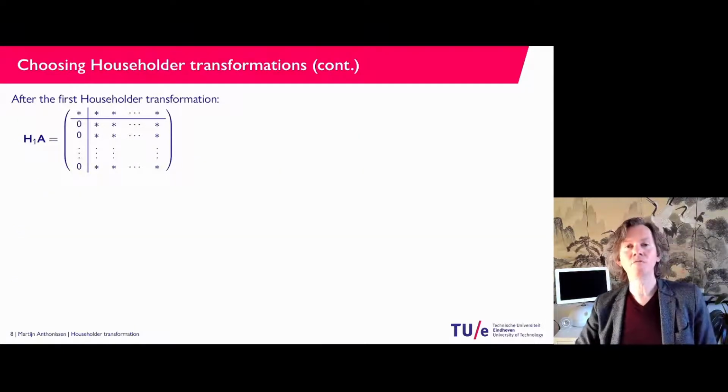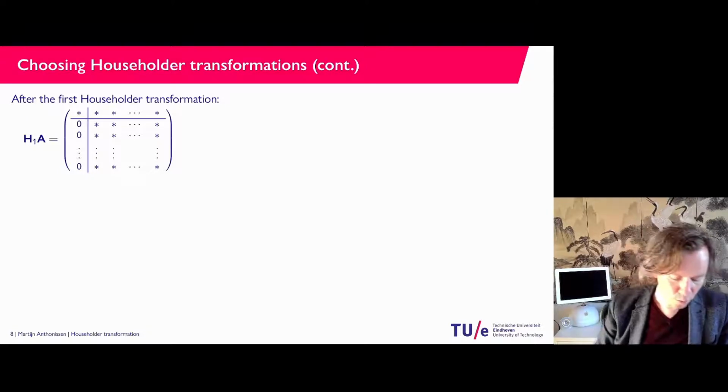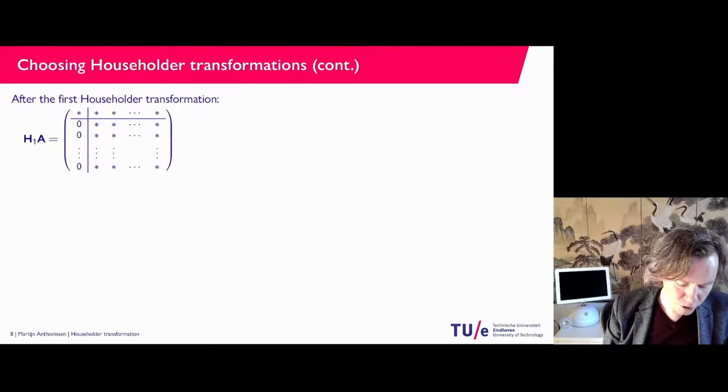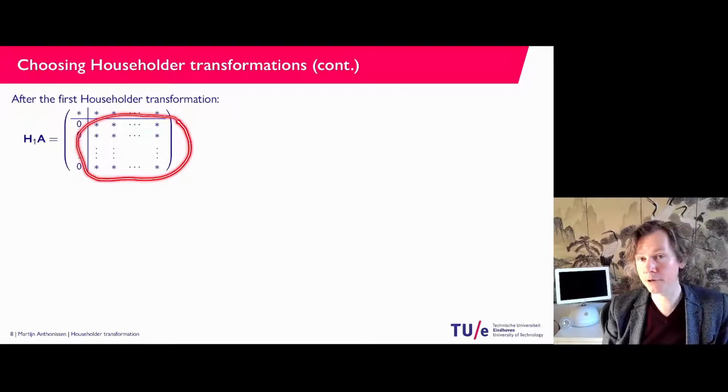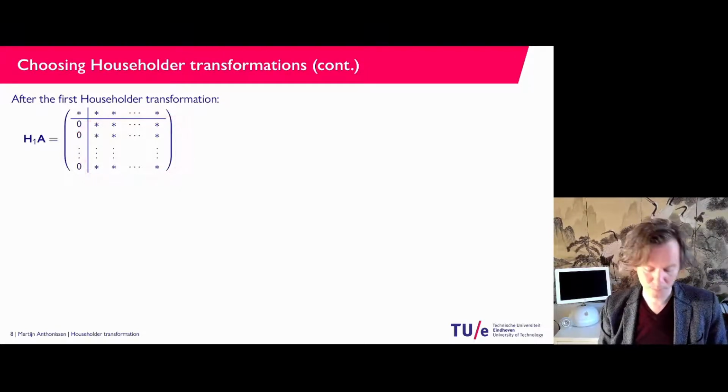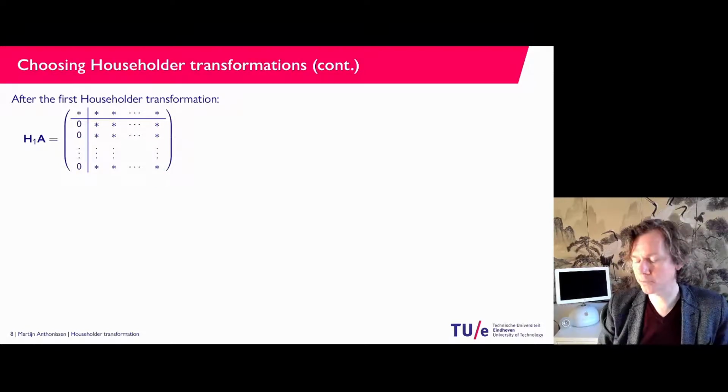So after we have done this first step, we have created zeros here in the first column. But we still have the rest of the matrix. So this here, the n-1 times n-1 lower right block, still needs work. But it goes the same.